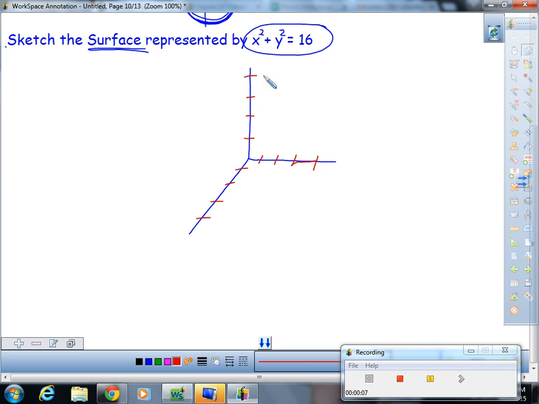Okay, so it's important that we label our axes. The base is going to be a circle in the XY plane. I understand that. So I need to add some. So that point, this point, and that point are all going to be on the generating curve.